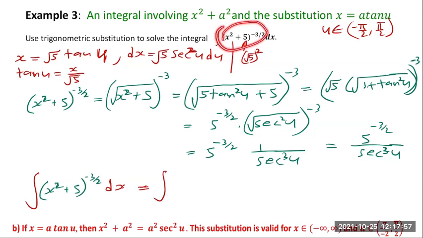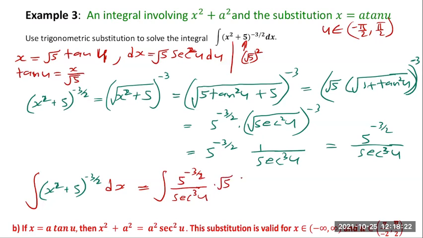This integrand is equal to this function now. So let me put that there. 5 to the power minus 3 over 2 divided by secant cube u dx. What is my dx? I need to put dx here. What is my dx? dx is this function. Square root of 5, dx is equal to square root of 5 times secant squared u du.